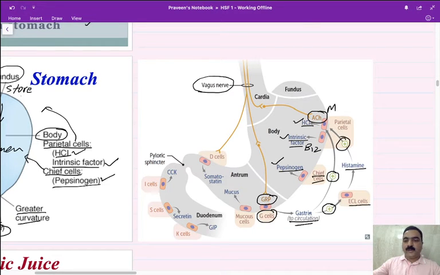These are the two major actions of gastrin on the parietal cells, causing increased secretion of acid. There are also the mucus cells, which are very important to protect the mucosa of the stomach from damage by the HCl. The mucous cells secrete mucus and form the mucous lining of the stomach. Additionally, towards the duodenum we have the D cells. Because it's towards the duodenum, we call that the D cell.